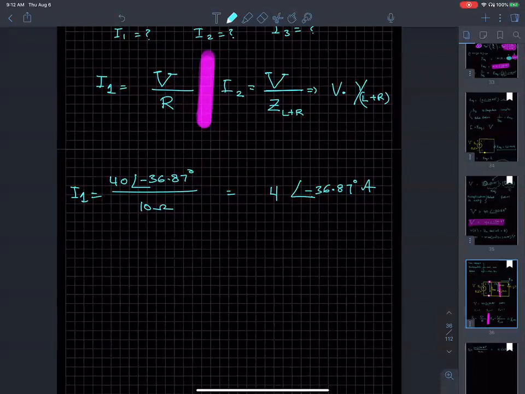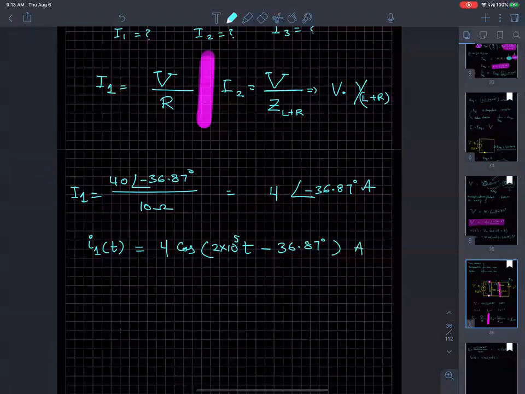Now I'm going to convert this into little i1 as a time domain expression, which is going to be 4 cosine of omega t, where omega was given to be 10 to the 5, plus angle phi, which is 36.87 degrees amperes.